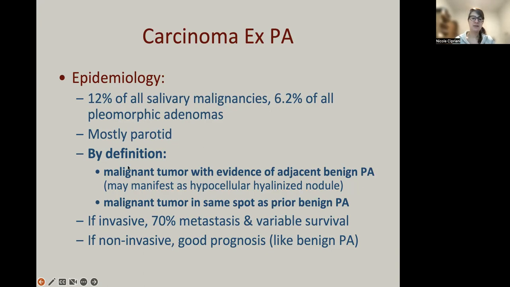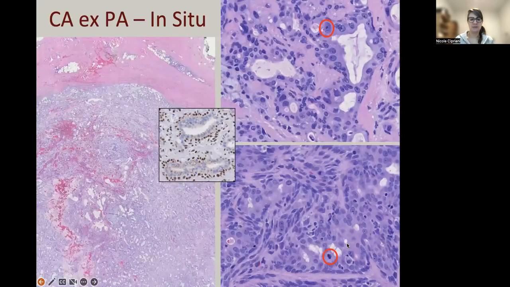By definition, it is a malignancy with evidence of adjacent pre-existing PA or malignancy in the same spot as a prior resected benign PA. Invasion versus non-invasion, as I said earlier, is really definitional of prognosis in these patients.